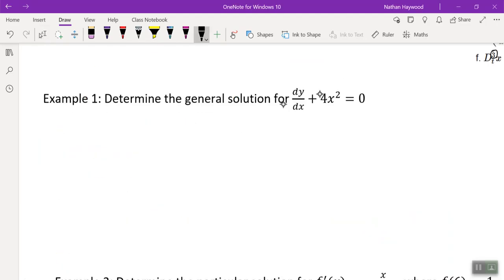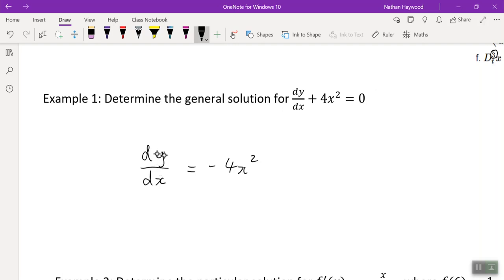Differential. Want to get the general solution for this equation. So first step, let's bring this bit over to the other side of the equals. What do you think we do next if we're going to get the general solution for an equation?